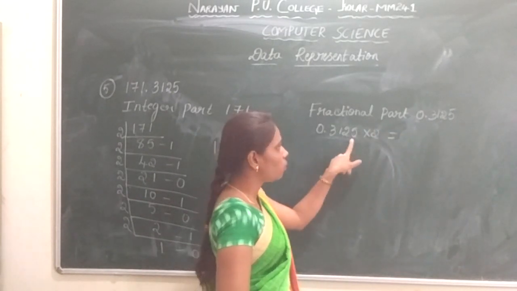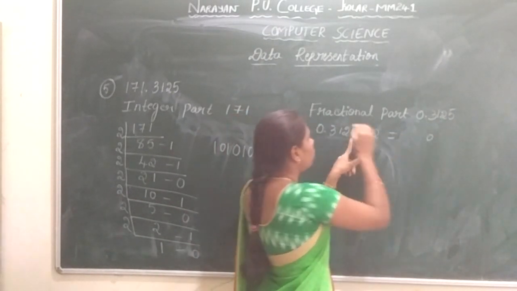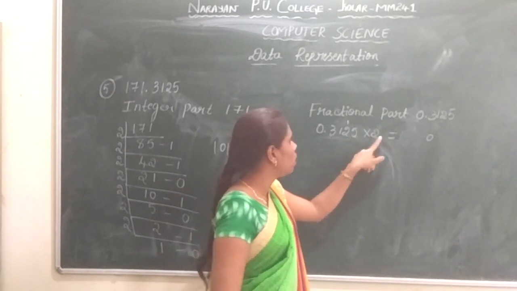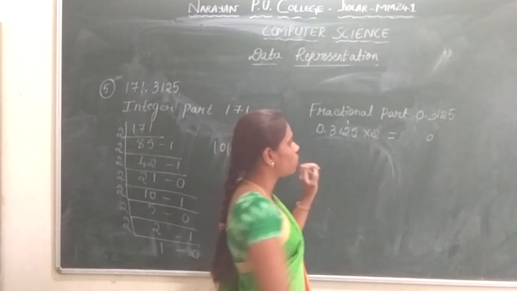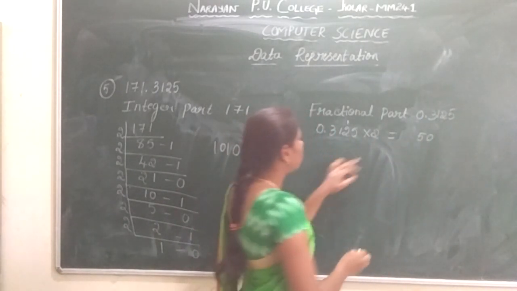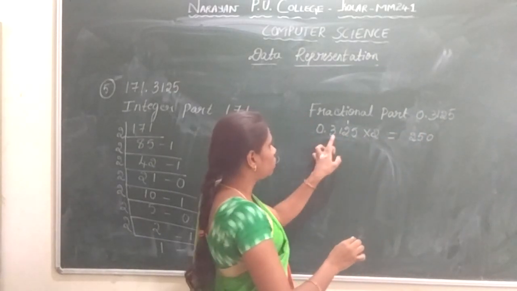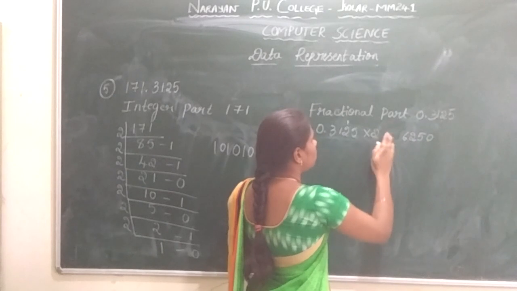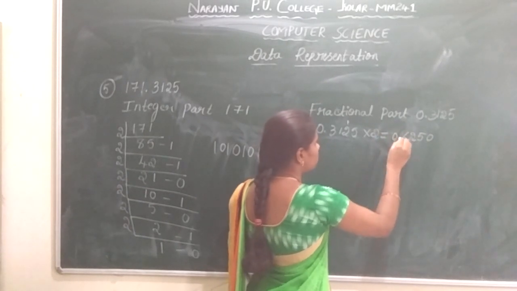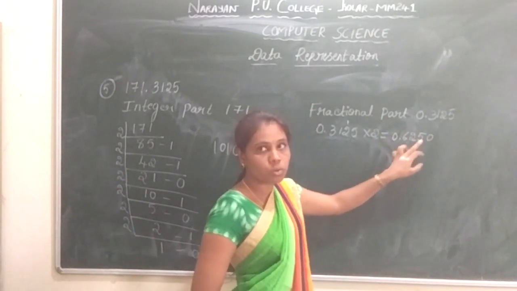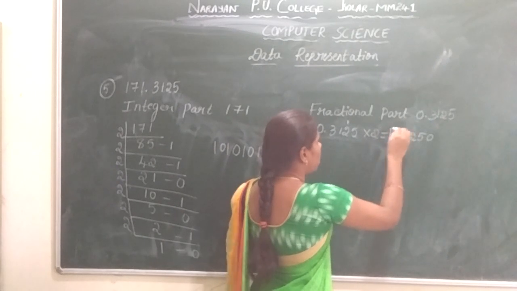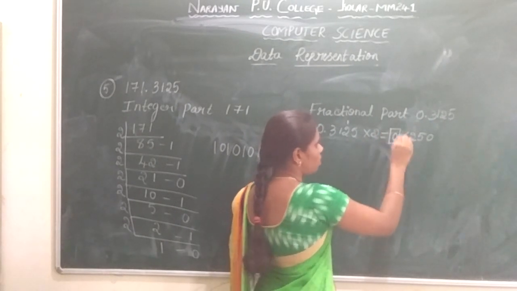So 2 into 5 is 10. We will get carry as 1. 2 into 2 is 4. 4 plus 1 is 5. 2 into 1 is 2. 2 3s are 6. Here we will not get any carry. So this is 0.6250. Mark it as integer part.